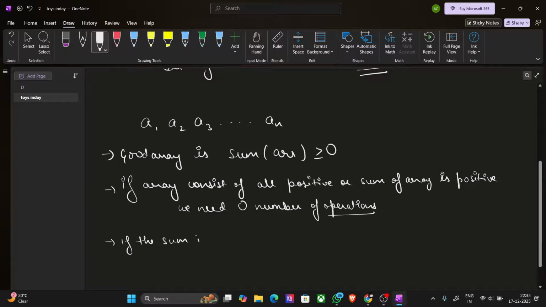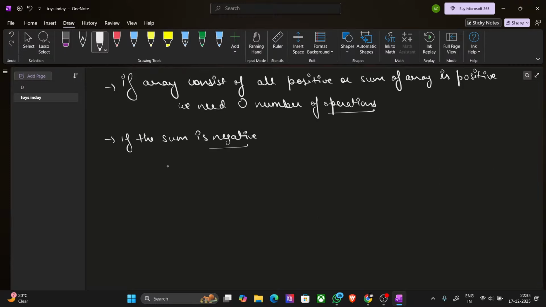then what is the total amount that we have to add such that the array sum becomes non-negative? So we can conclude one thing: if my array is 1, minus 100 and, let's say, 0.